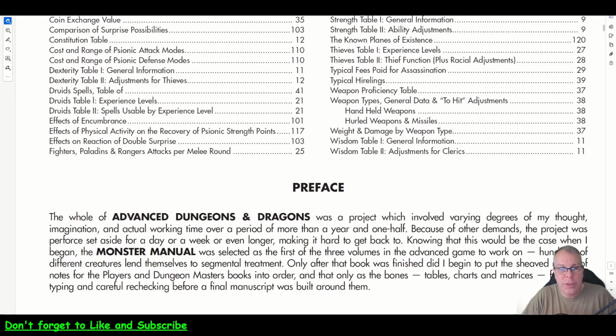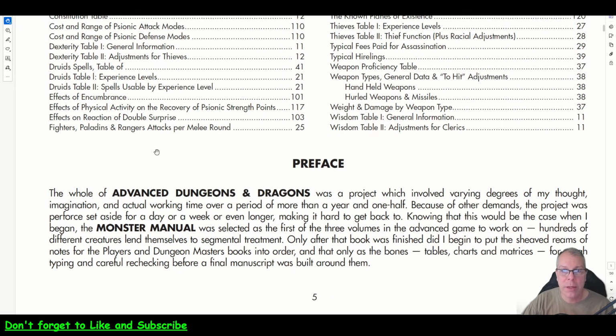So in the preface to the Player's Handbook, we get this little excerpt written by Gary Gygax, and it explains the book that's already come out, which is the Monster Manual.